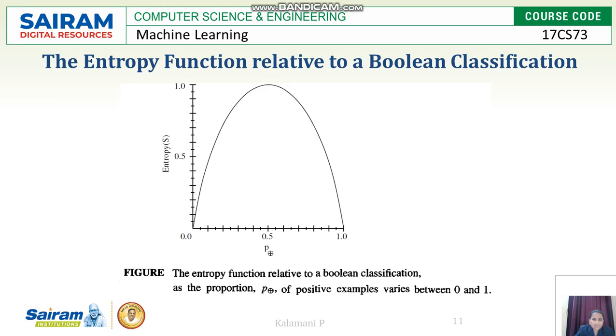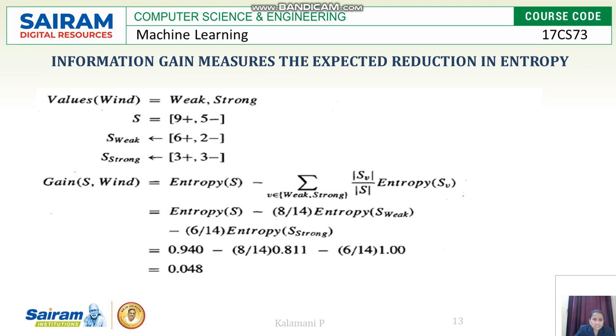So weak is 6 positive and 2 negative. Strong is the same idea: 3 positive training examples and 3 negative training examples took the strong wind value.